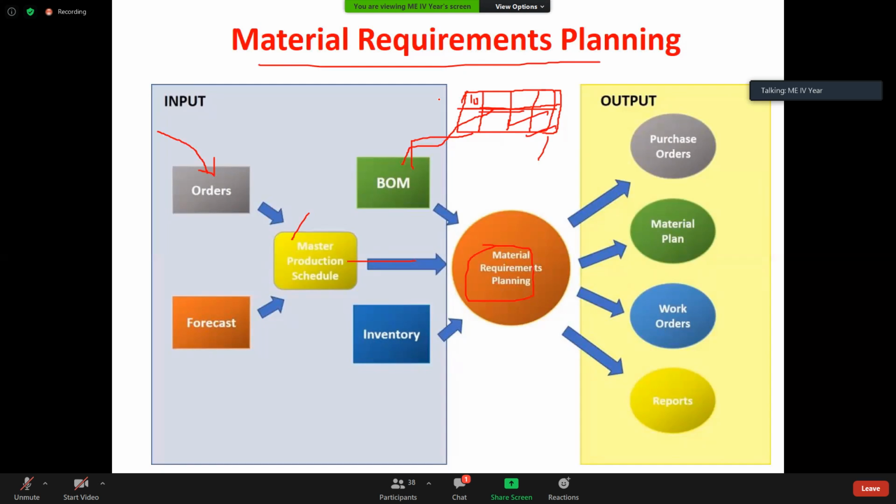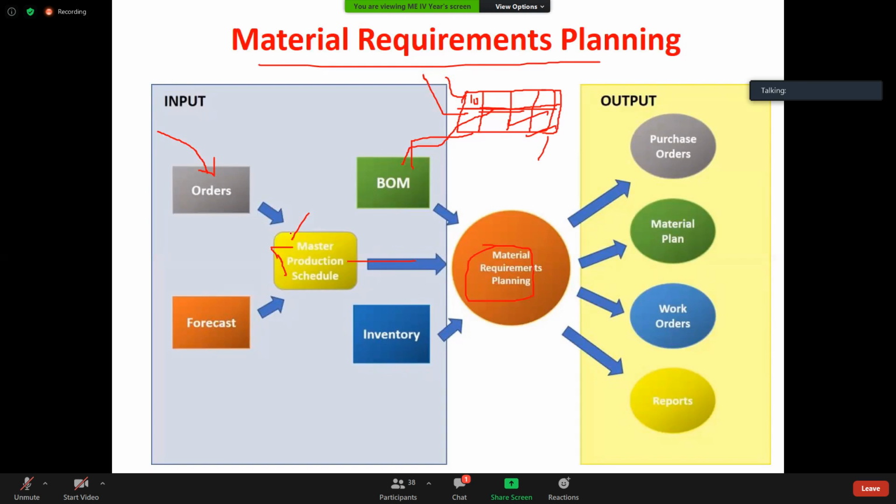They know only that this customer, GE, needs 10 motors, or some other customer needs 10 cars. Like that only they will talk, and only product-wise. 10 cars should go to the customer after 6 months. So that master production schedule data is one more input to the MRP.